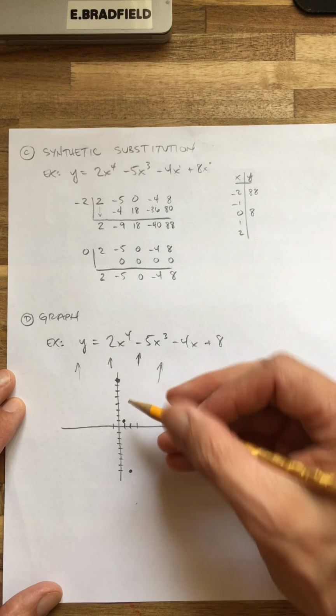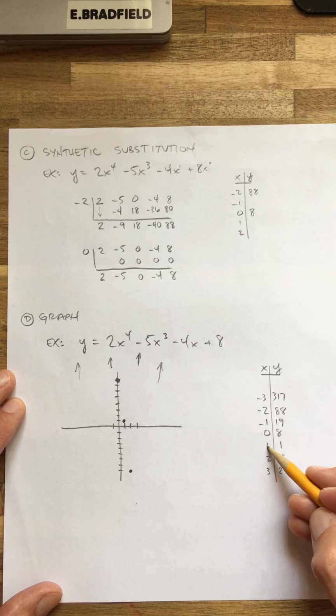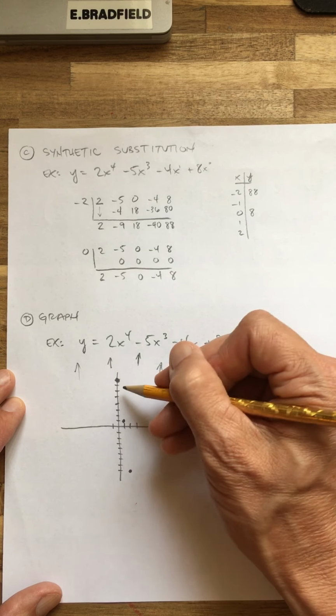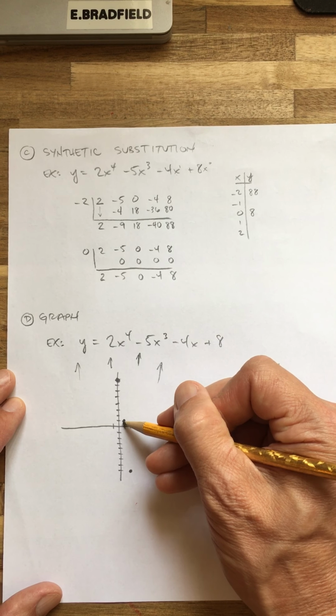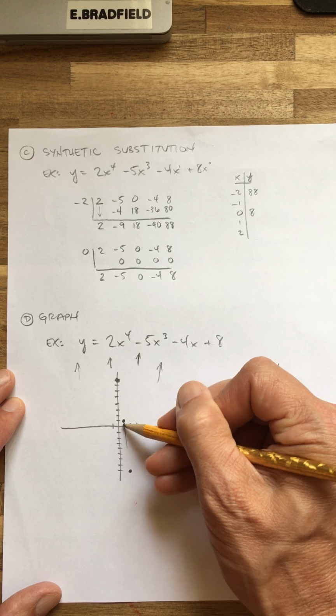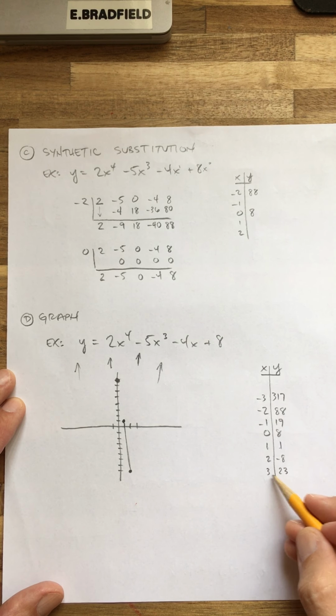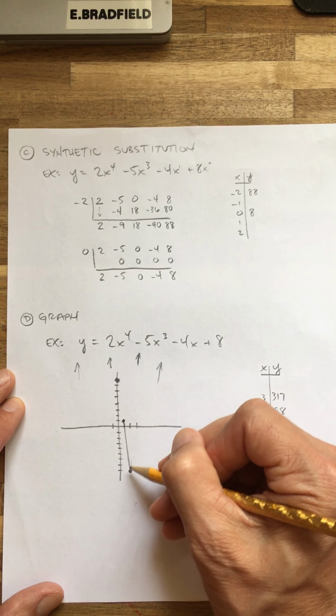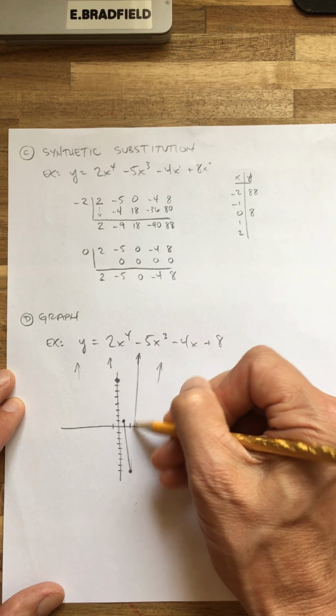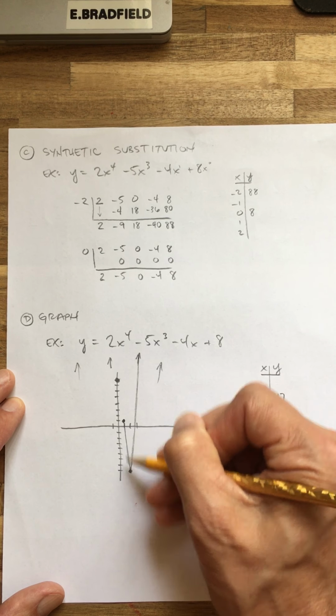So we know that it goes from 1, 1 to 2, -8. So it goes from here, 1, 1 to 2, -8. And then it goes up to 323. That's way up here, right? So we know it does something like that.